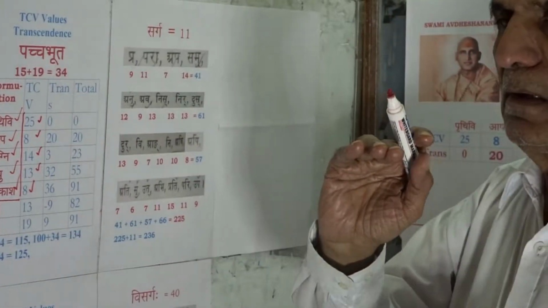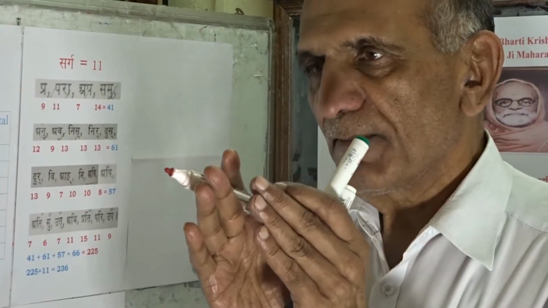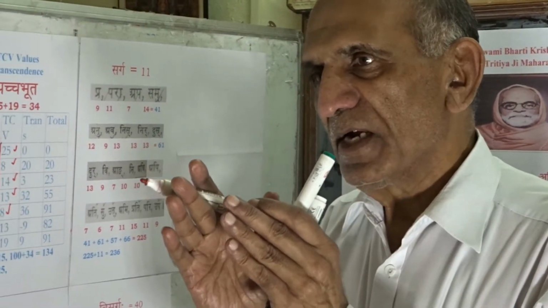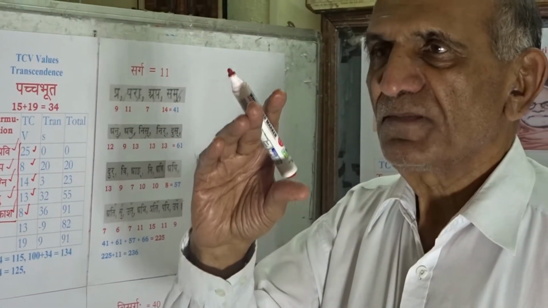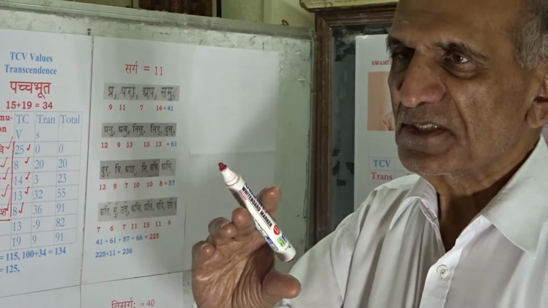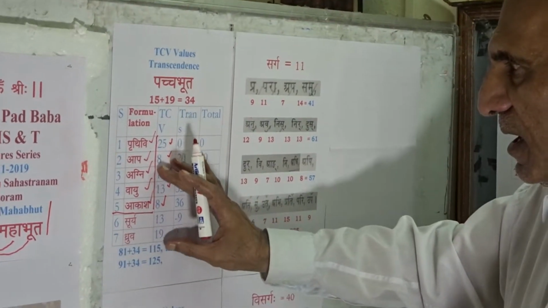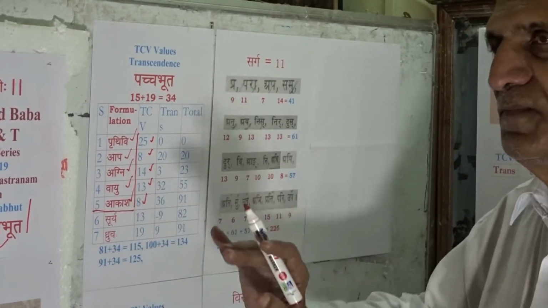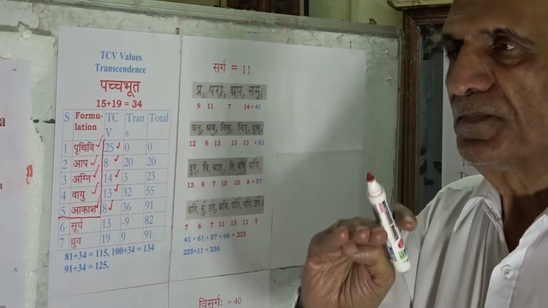One shall sit comfortably and permit the transcending mind to be parallel to this format, features and values of the formulations. Five formulations, Prithvi, Apa, Agni, Vayu and Akash, are designated as Panchbhut.